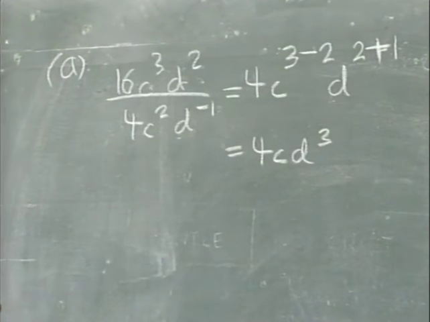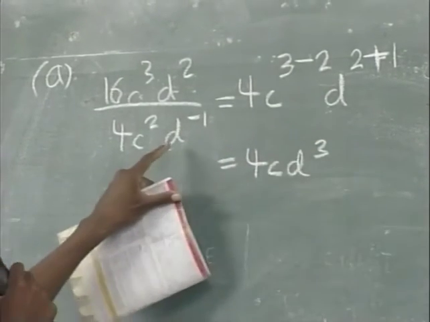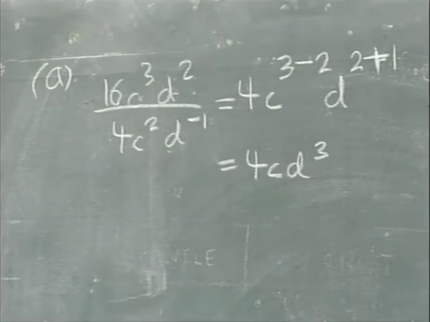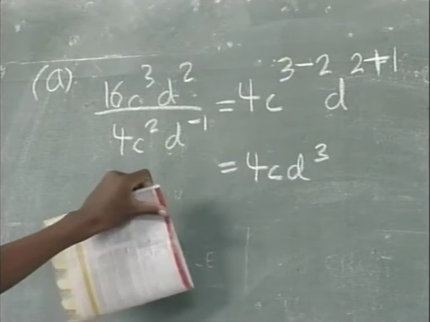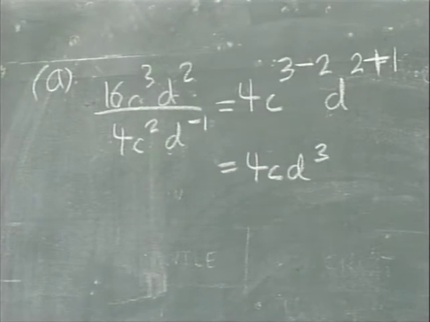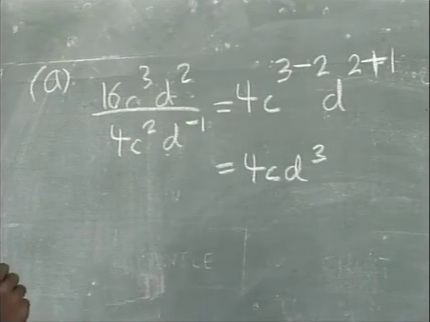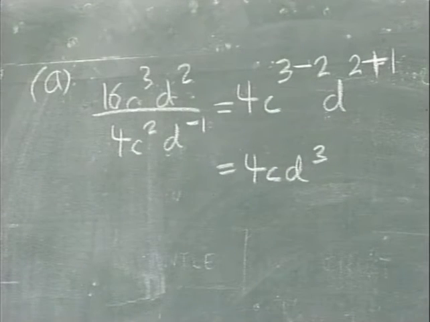So it becomes c to the power of 3 minus 2, d to the power of 2 minus negative 1. Because they are both negative, it will become d to the power of 2 plus 1. So the final answer is 4c d to the power of 3. Good. Next.